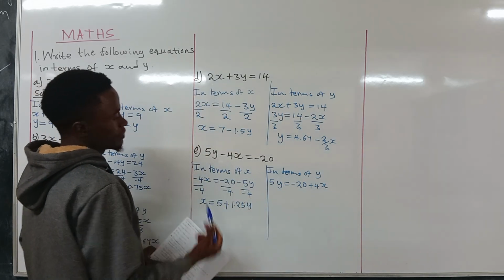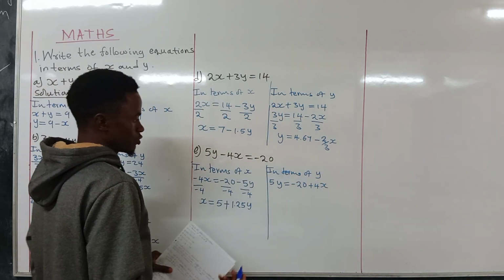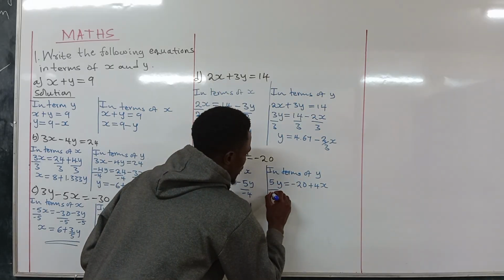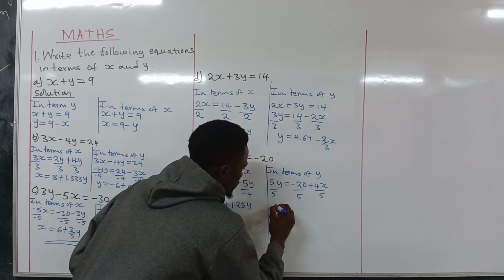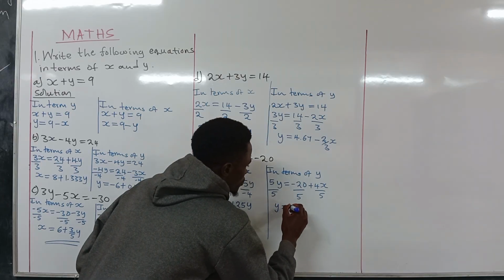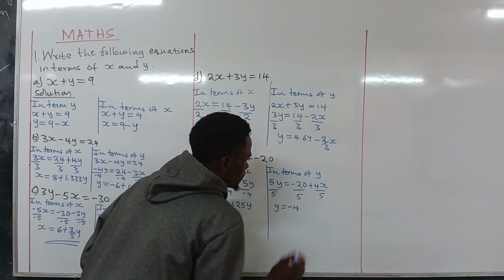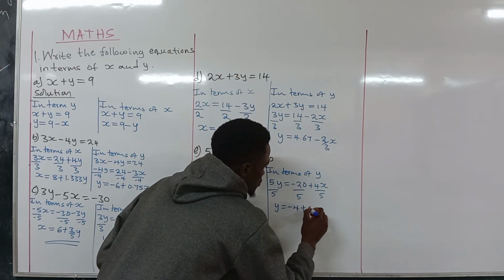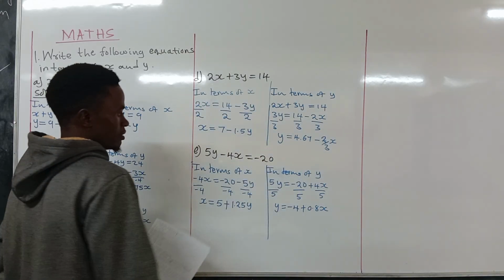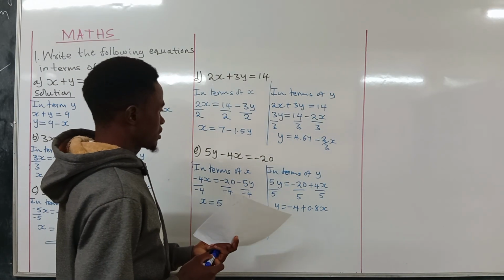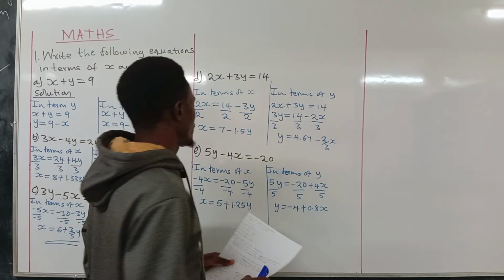Because here it is negative, so if it goes to the other side, it's going to be positive. So we divide by 5 everywhere. So y is equal to minus 4 plus 0.8x. That is, if you simplify, 4 divided by 5.